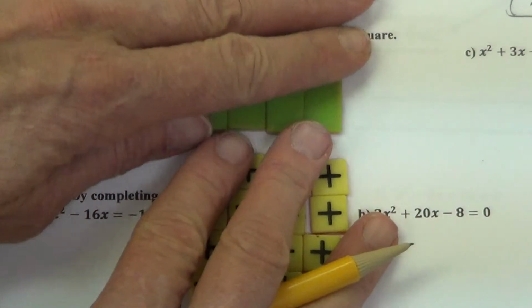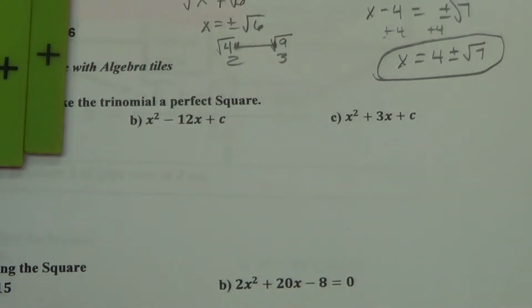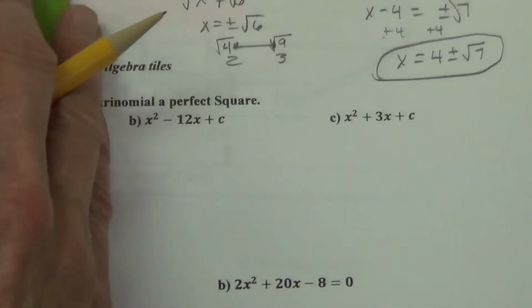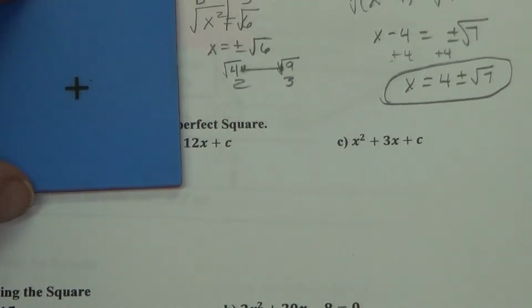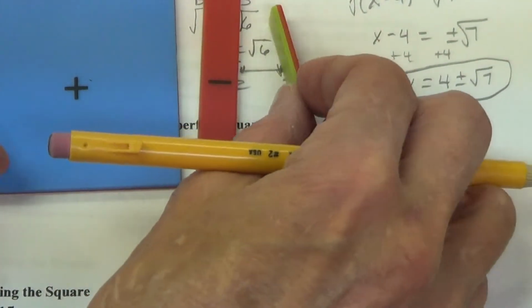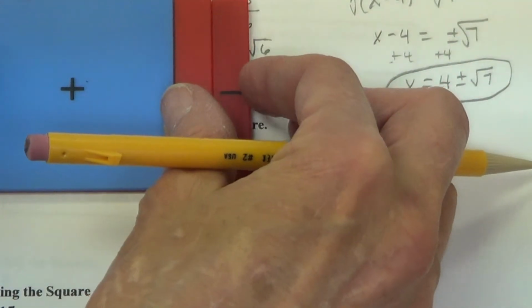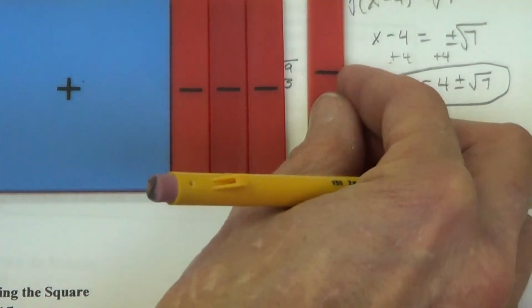Let's look at the next one. The next one is x squared with a minus 12. So if we build that, we have the x, the minus 12, see if I have enough tiles here.